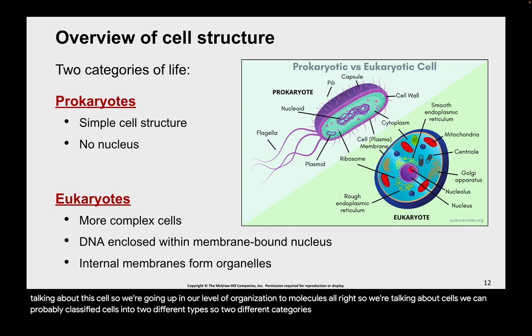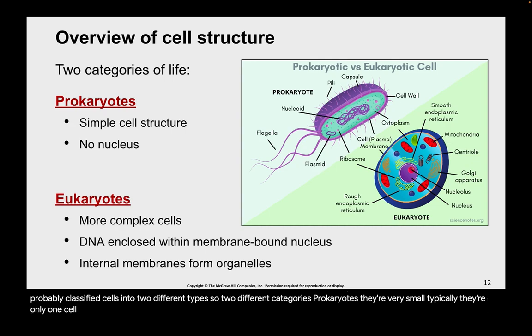We can be a prokaryote, we can be a eukaryote. Prokaryotes, they're very small. Typically, they're only one cell for the organism, and they don't have a nucleus. Versus eukaryotes, which would include organisms like ourselves and the plants we see outside.